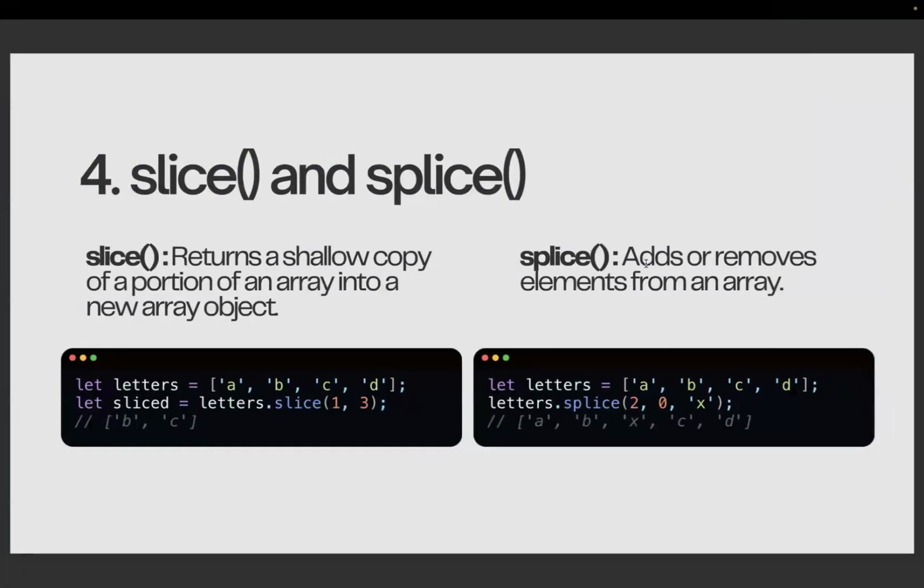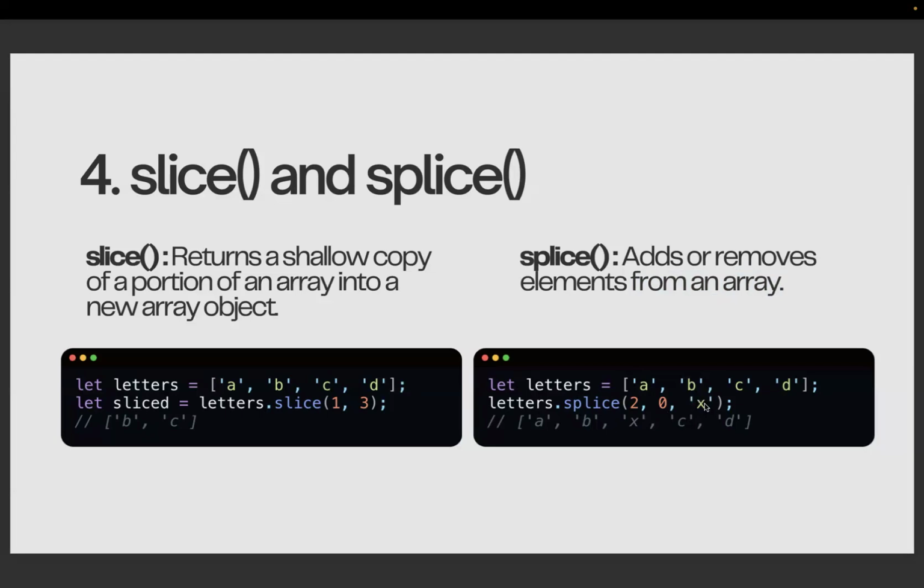All right, then the next one is going to be the interesting one. Adds or removes elements from an array: splice. This is one of the most popular array methods in JavaScript to help us manipulate. So we have letters A, B, C, D, and letters.splice(2, 0, 'X'). What does it mean?